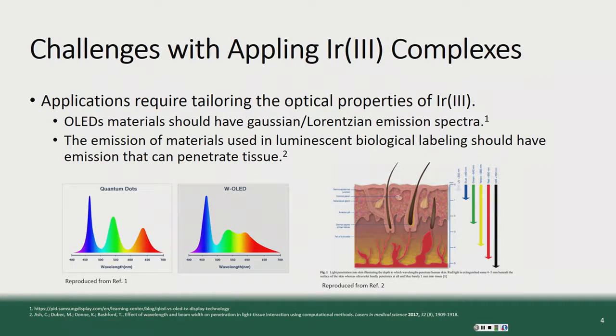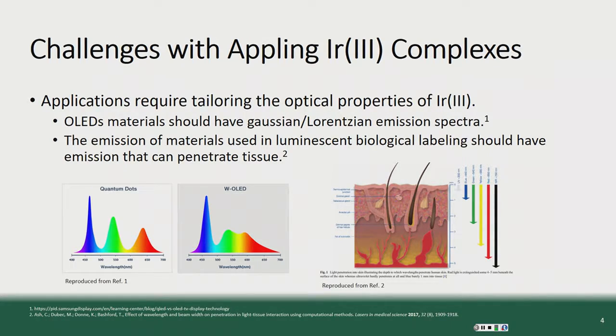The first complication is that for LEDs, for most applications, if you want red, green, blue, you need to have Gaussian or Lorentzian emission spectra, which is why a lot of people think about quantum dots for light-emitting diodes, because they're very pure in their states. So we don't get a lot of tails if you have ideal ones.